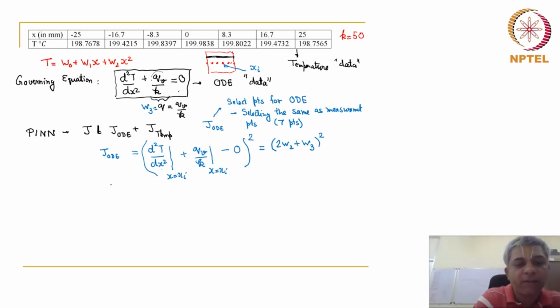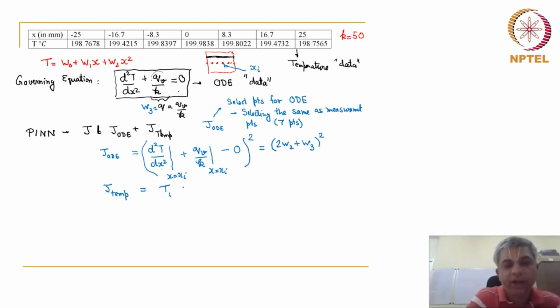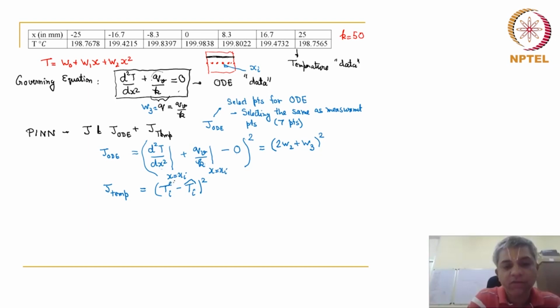What is J due to the temperature? Can somebody tell me? Ti minus the T hat, whole square. Temperature at that point minus predicted temperature, the whole square. This is the actual experimental value. This is my predicted value.